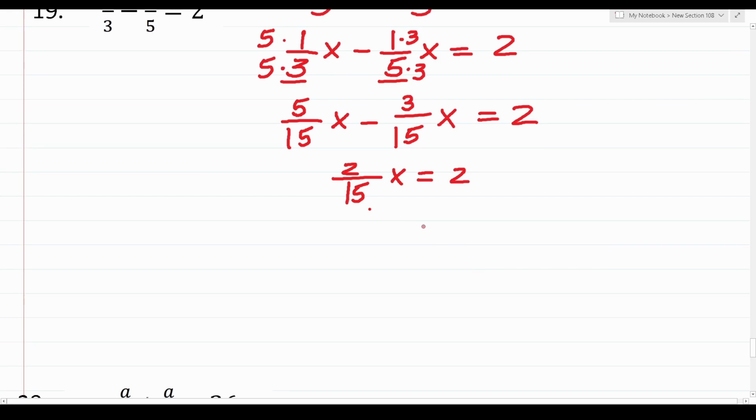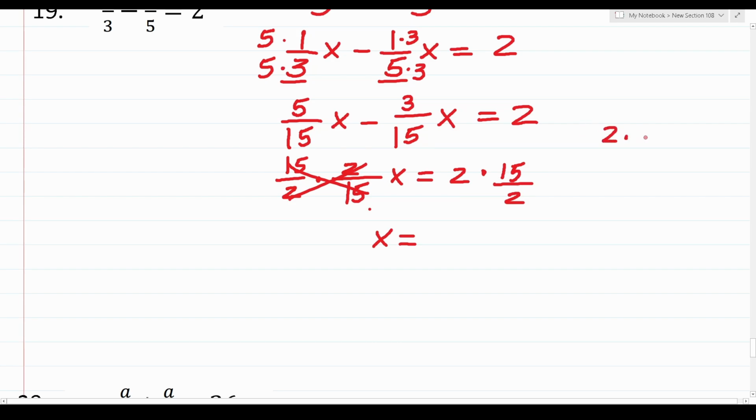All right, now we have something very similar to what we've worked out in the last few problems now. And to get rid of this coefficient of 2 over 15 in front of this x, we're going to multiply it by its reciprocal, notably 15 over 2. And we're going to do that to both sides of our equation here, 15 over 2. This crosses out here and here, leaving you with just x on this side. And now we got to take care of this. And I'm going to do that off to the side here.